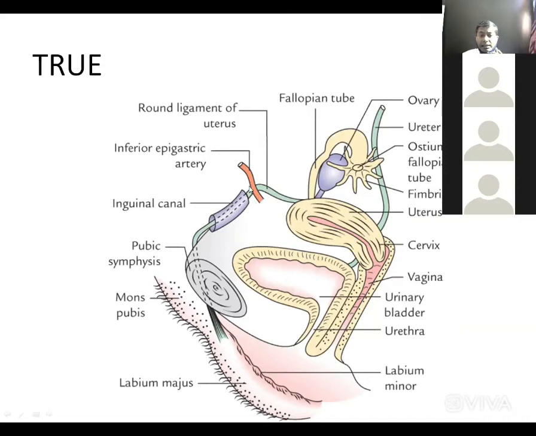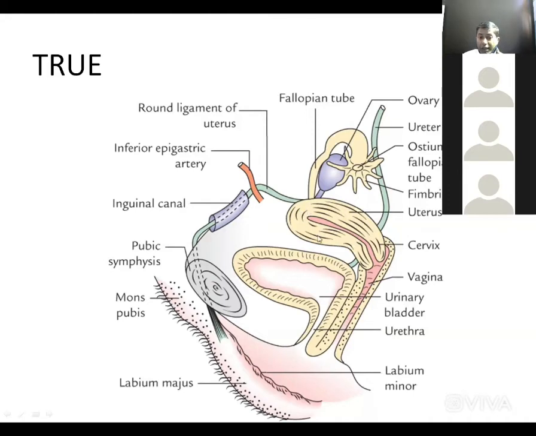It winds around the inferior epigastric artery, passes through the deep inguinal ring and the superficial inguinal ring, passes through the inguinal canal and divides into septa to be attached to the labia majora. Very important thing: the round ligament is the main support of the uterus.